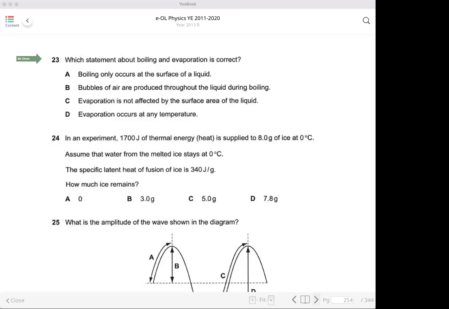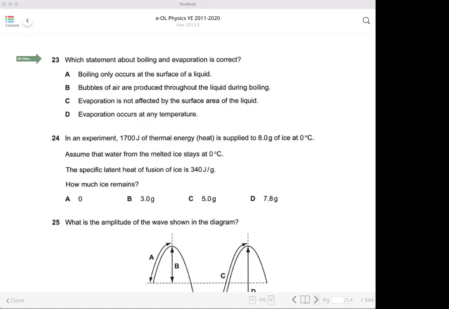Okay, let me look at 23. I see two answers that are correct. Okay, question 23. Let me see.